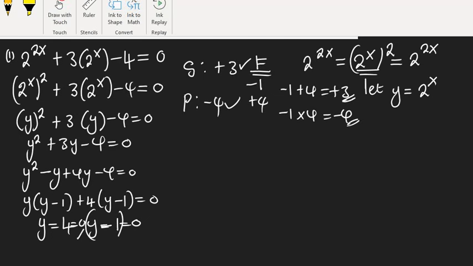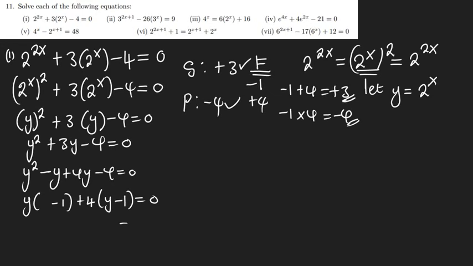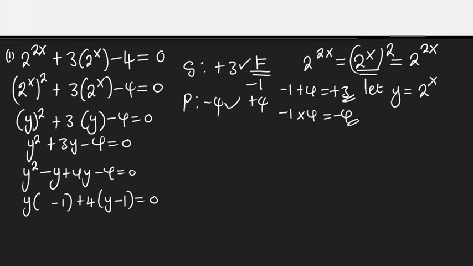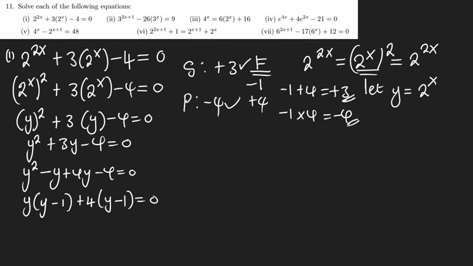Let me just wrap that part to make everything look nice. So this is going to be y plus 4 equals 0, and also y minus 1 equals 0. So you're going to have y is equal to negative 4, and y is equal to 1.